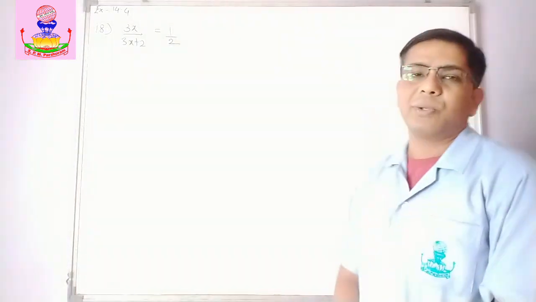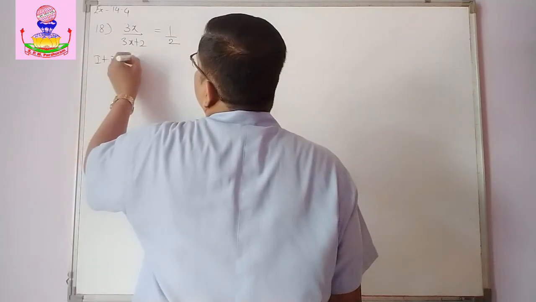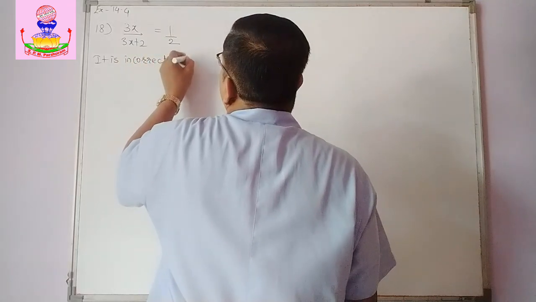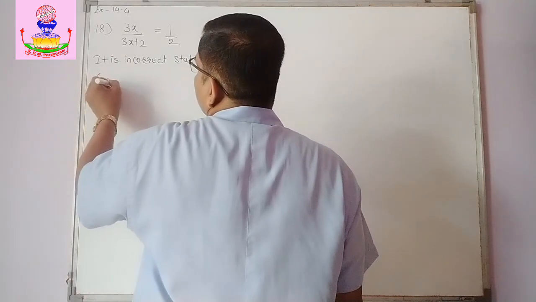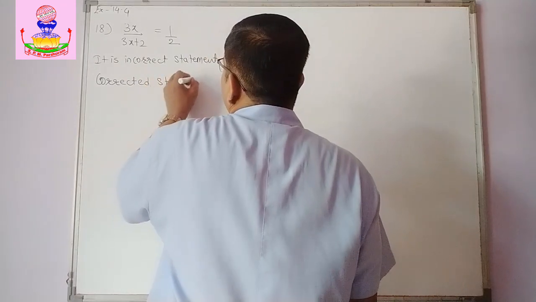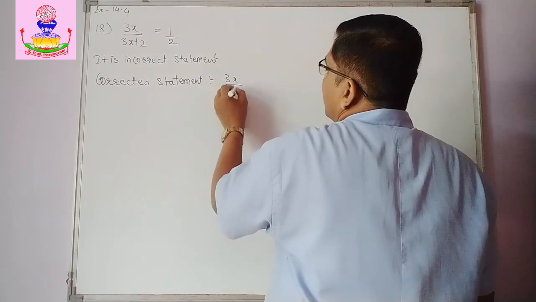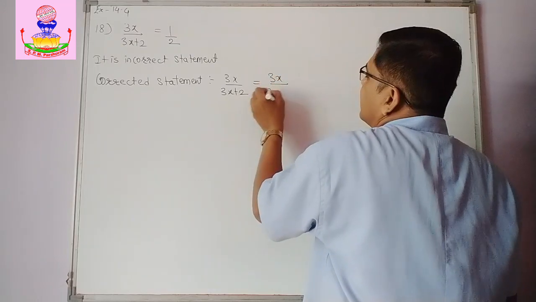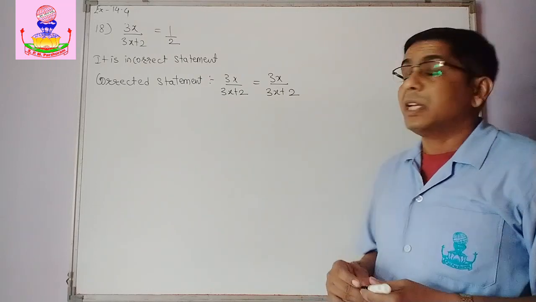Okay. Now 18th. Now 3x upon 3x plus 2 is equal to 1 upon 2. Again it is an incorrect statement. So what is the corrected statement? 3x upon 3x plus 2 is equal to 3x upon 3x plus 2.